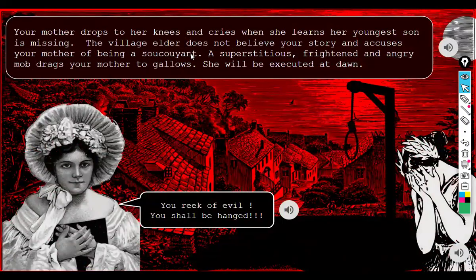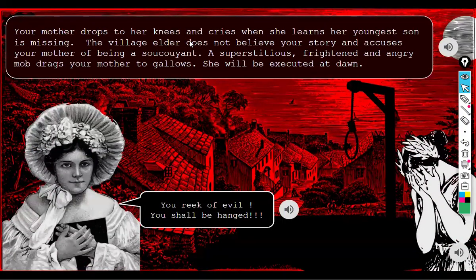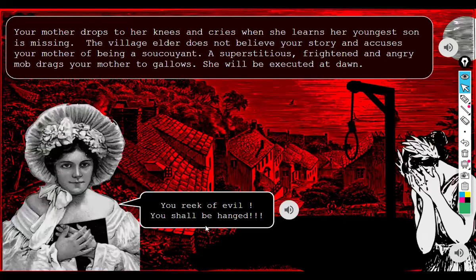Your mother drops to her knees and cries when she learns her youngest son is missing. The village elder does not believe your story and accuses your mother of being a witch. A superstitious, frightened and angry mob drags your mother to the gallows. She will be executed at dawn. You reek of evil. You shall be hanged.